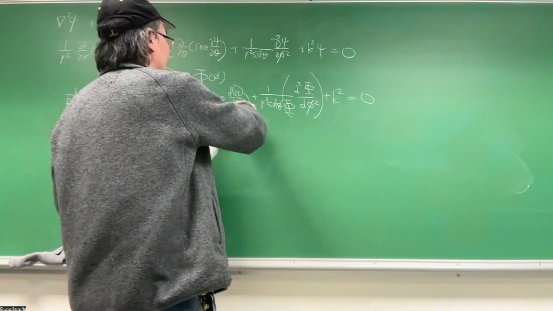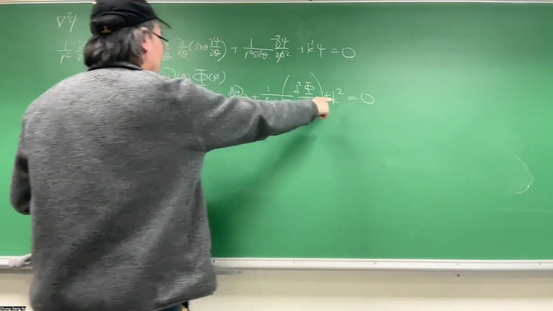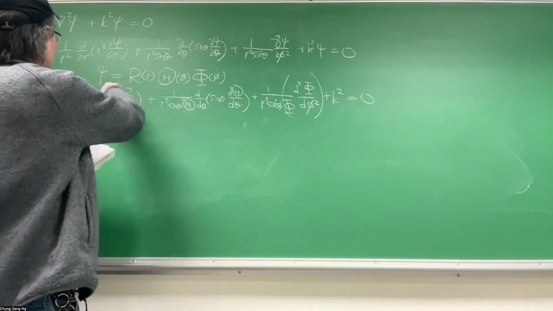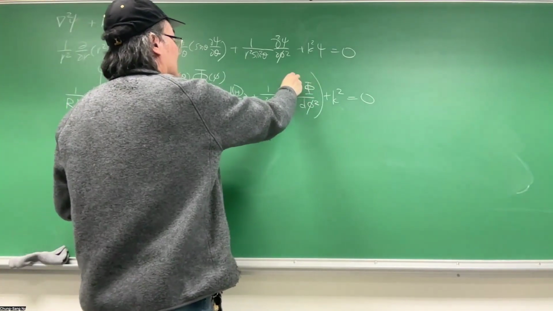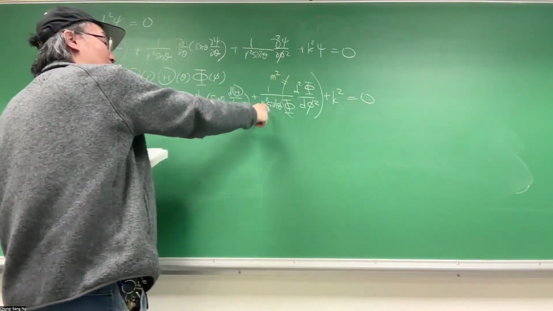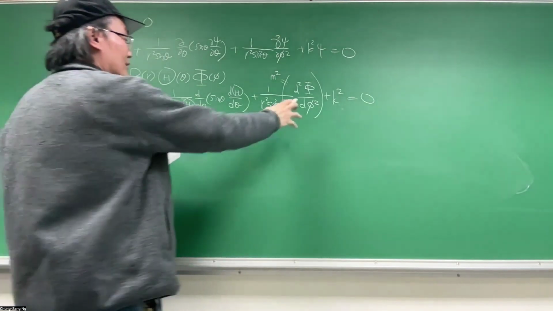Once multiplied by here, that depends on theta, r squared sine squared theta. Multiply this, you cancel r squared sine theta here, r squared sine squared theta here, but this one would be just your constant, m squared. So this becomes m squared divided by r squared sine squared theta. Okay, now we see this one.